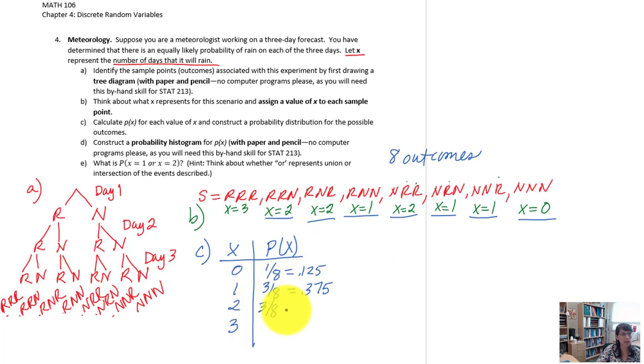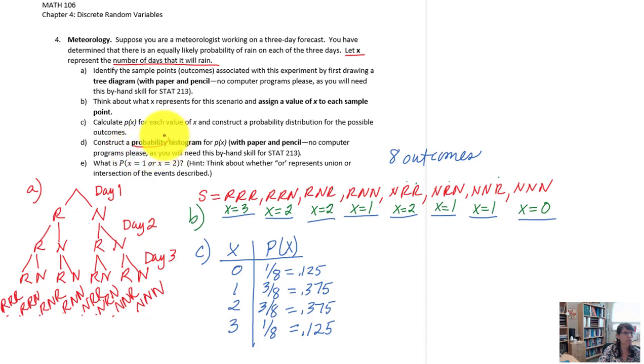So 3 out of 8 is 0.375. And finally, how many times can x assume the value of 3? And we've got just one value there. So 1 out of 8 equals 0.125. So here we have our probability distribution.